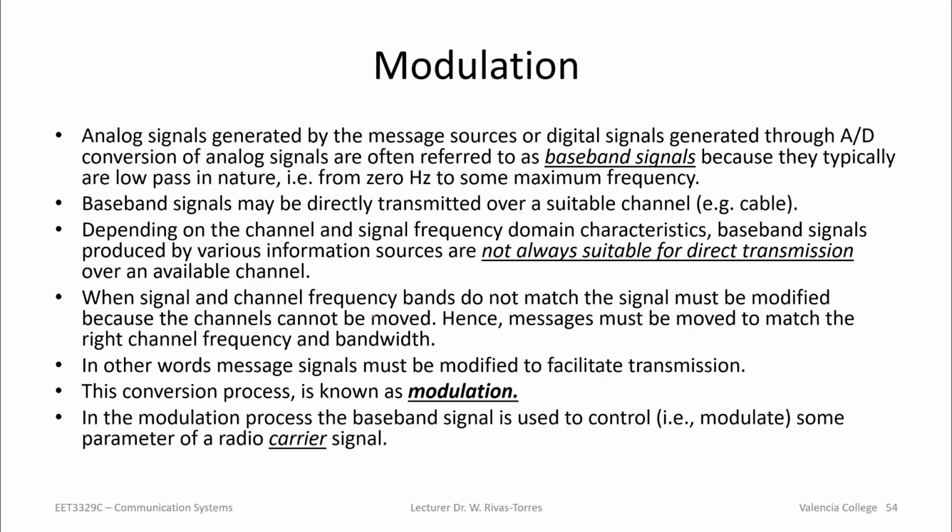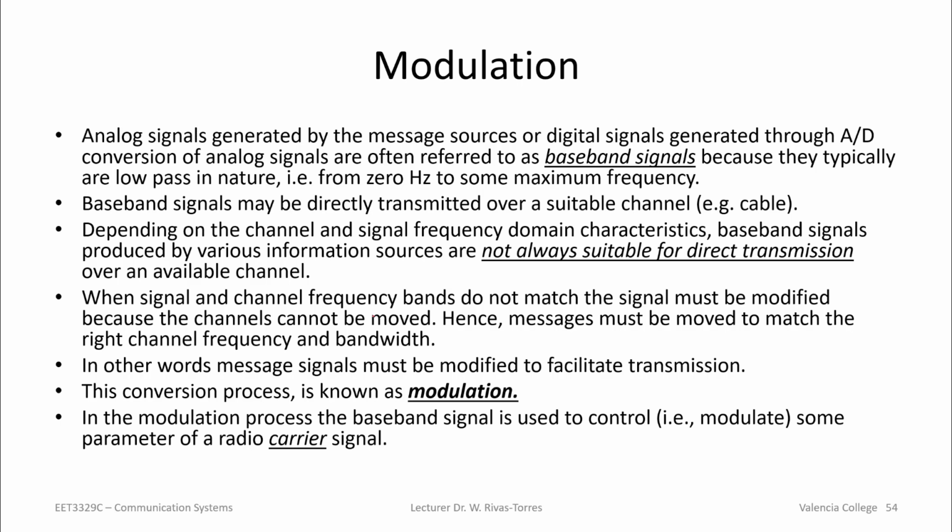Why not? I mean, this is how we build our circuits and other things, right? We have traces on the PC boards that are analogous to cables or wires, etc., right? Now, depending on the channel, now let's talk about the wireless channel, your signal is not always suitable for direct transmission, right?